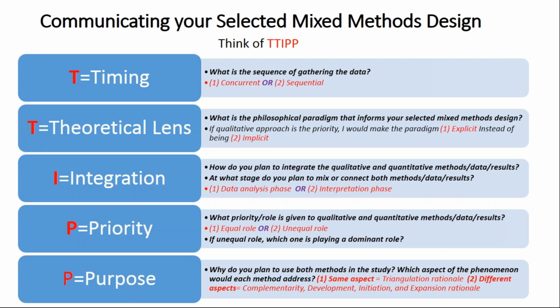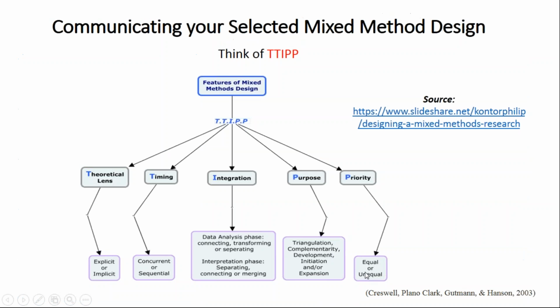But at the end of the day, they can complement each other to better understand the overall phenomenon, right? So in this case, you can use complementary rationale to argue the reason why you think mixed method will be appropriate. Development, most of the time you use when you're doing any of the sequential approaches or designs. So to learn more about these rationales, if you can refer to my PowerPoint, that would be great.